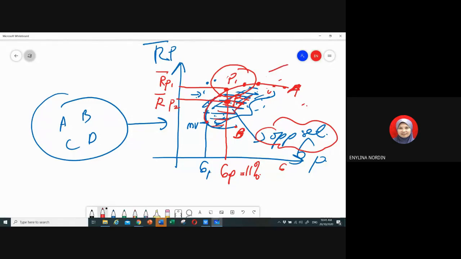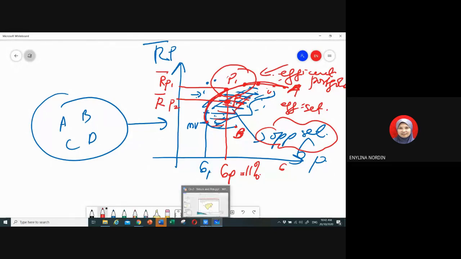Any point on this line is called an efficient portfolio. So this line from point MV to point A is called the efficient set. If you want to know more about this, you should read the textbook later on.